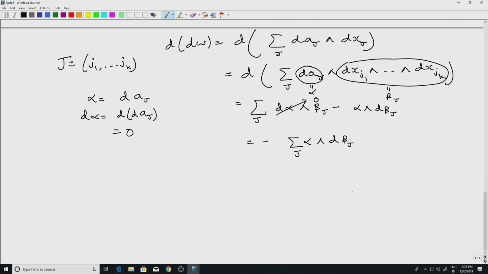And one just has to check that for every multi-index j, d beta j is 0, and that's quite easy because d beta j, after all, what is it? This is d of, again one just keeps on applying Leibniz rule.